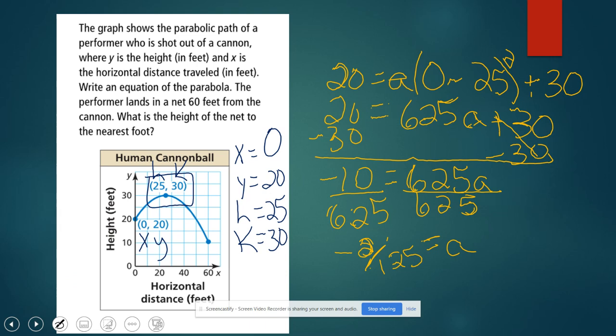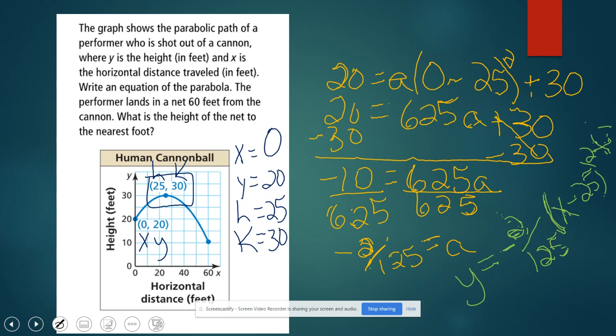So our final equation will be Y is equal to negative 2 over 125 times X minus 25 squared plus 30.